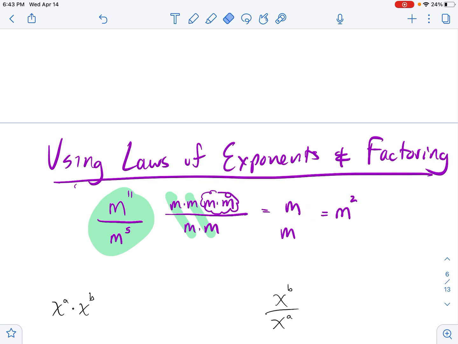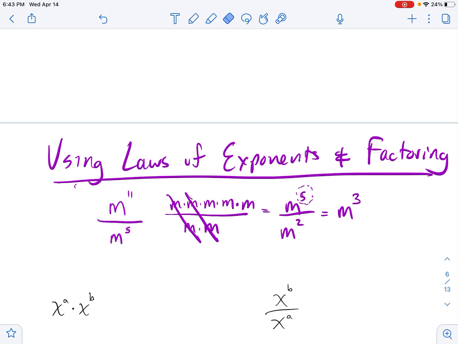So maybe let's develop a different example so that I can prove this to myself. So let's say I have m to the 5th, and I divide that by m squared. So I'm going to cancel out 2 m's, and I will get m to the 3rd, which is leading me to observe that what I do is I take my numerator and I subtract my denominator.